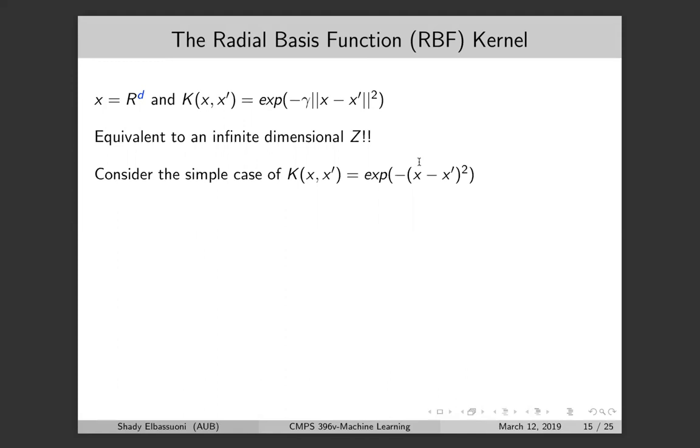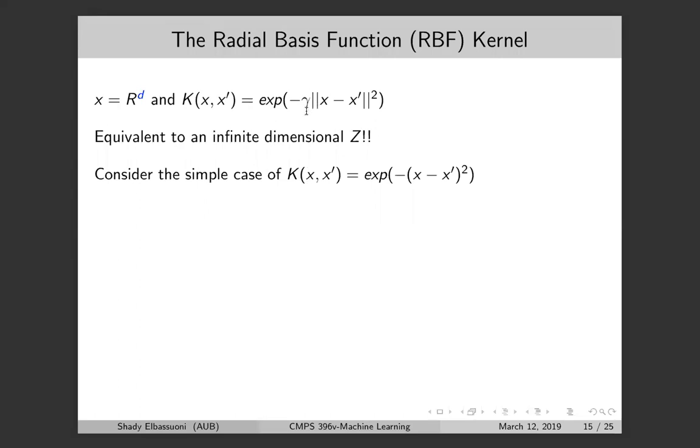So consider the simple case where you have only 1 dimension, so D is equal to 1. I have value x, and gamma is equal to 1. So I get the kernel of x and x dash is just the exponent of minus the norm of x minus x dash, all squared. The norm goes away because it's 1-dimensional data.